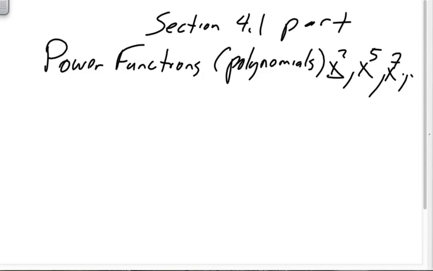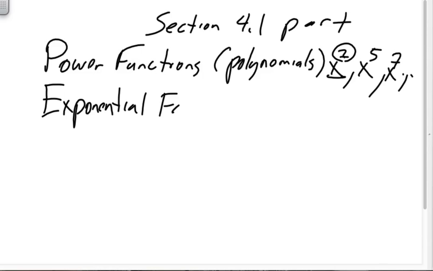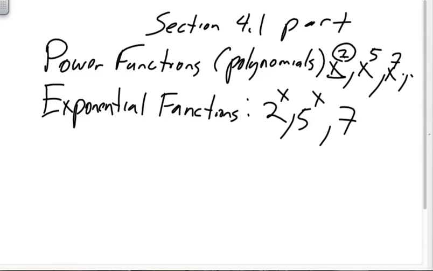Notice here my variable is in the base. My exponent is a number. Now we're going to contrast this to where we're going to start here. These are what are called transcendental functions. So the exponential functions are in the form of some number like 2 to the x, 5 to the x, 7 to the x.